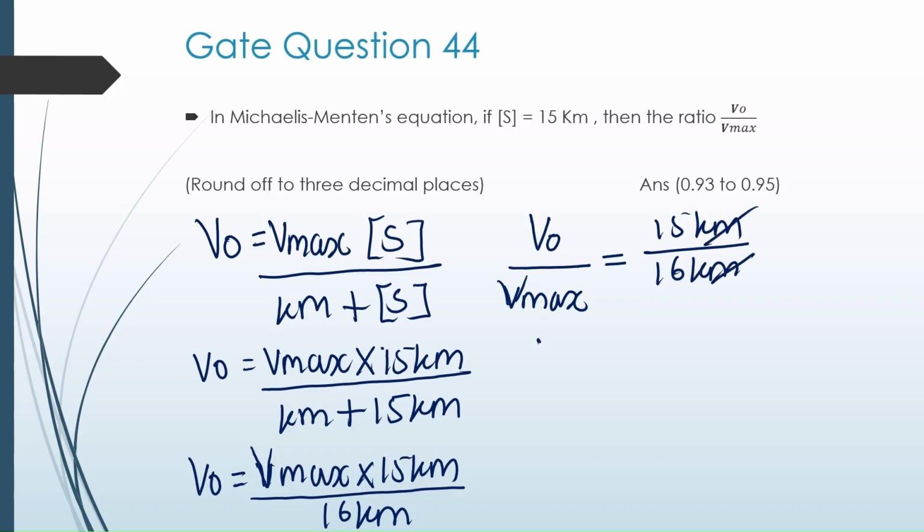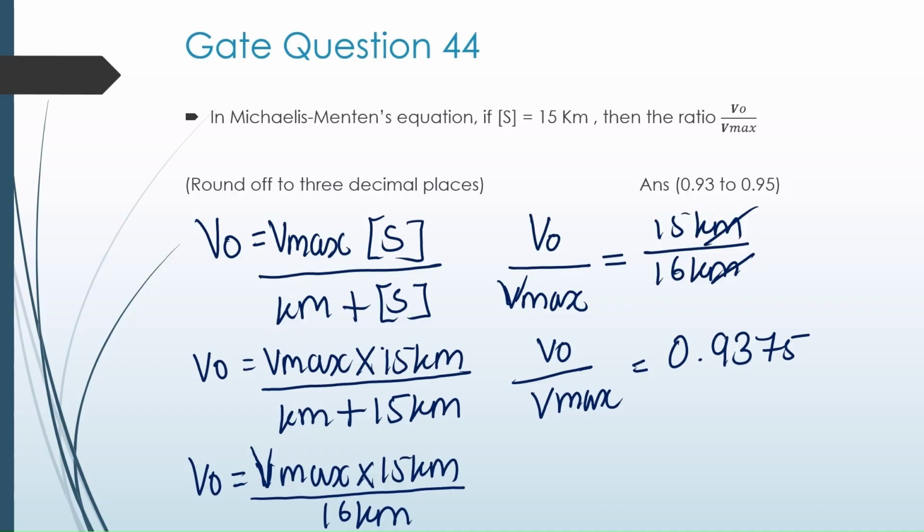Km gets cancelled, so V0 upon Vmax is equal to 0.9375. Now this is not our final answer because we have to round off to 3 decimal places.